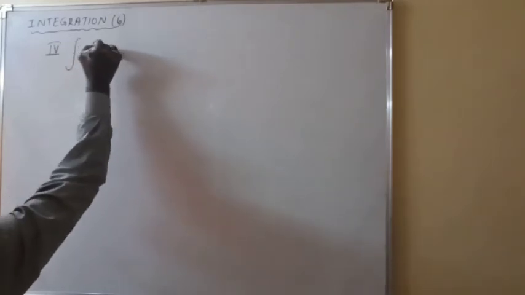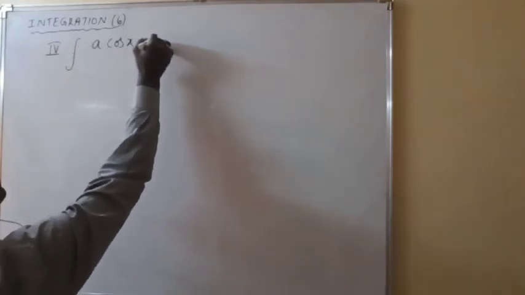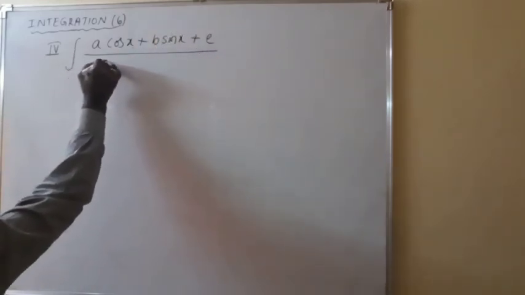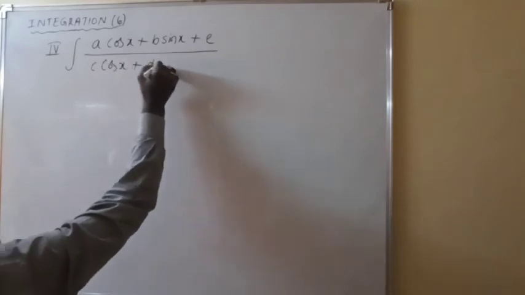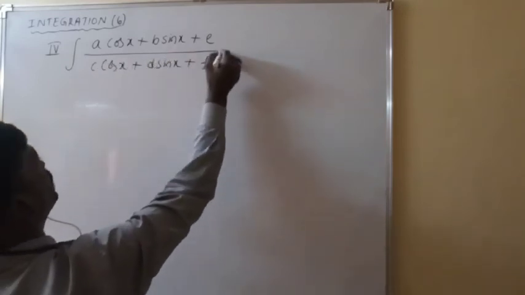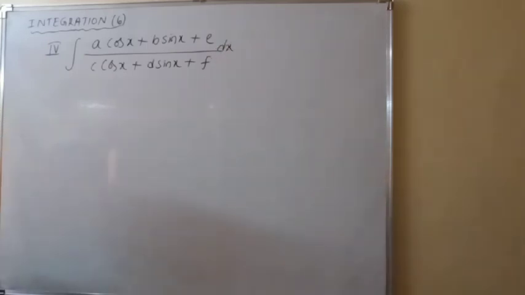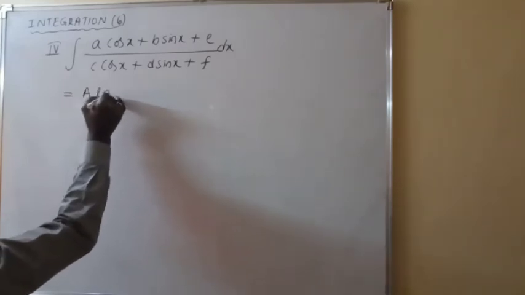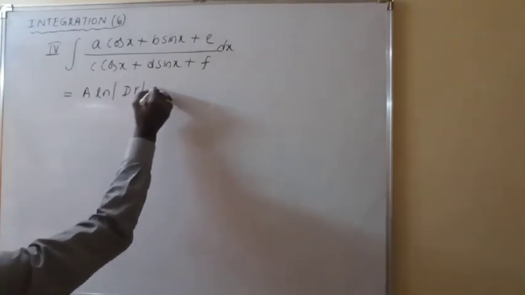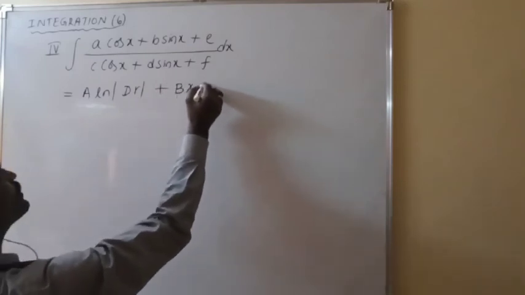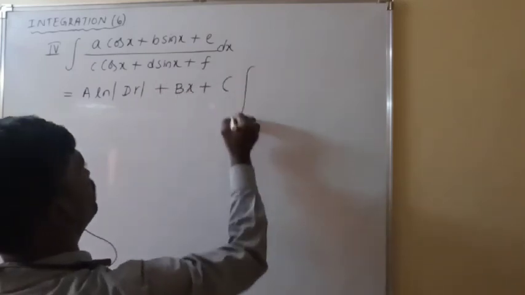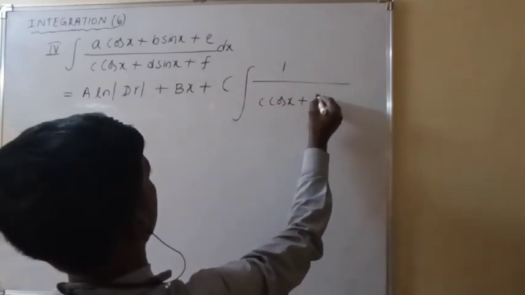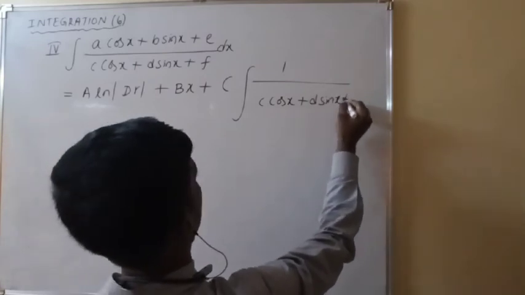If the given integral is of the form a cos x plus b sin x plus e divided by c cos x plus d sin x plus f into dx, then the answer will always be in the form of a into ln of denominator, plus b into x plus capital C into the integral of 1 upon the denominator, that is c cos x plus d sin x plus f.